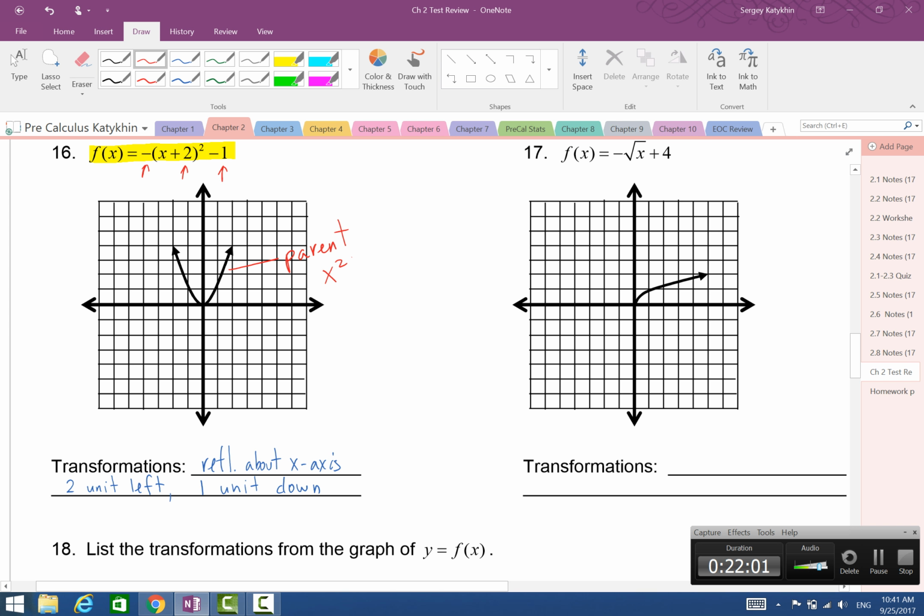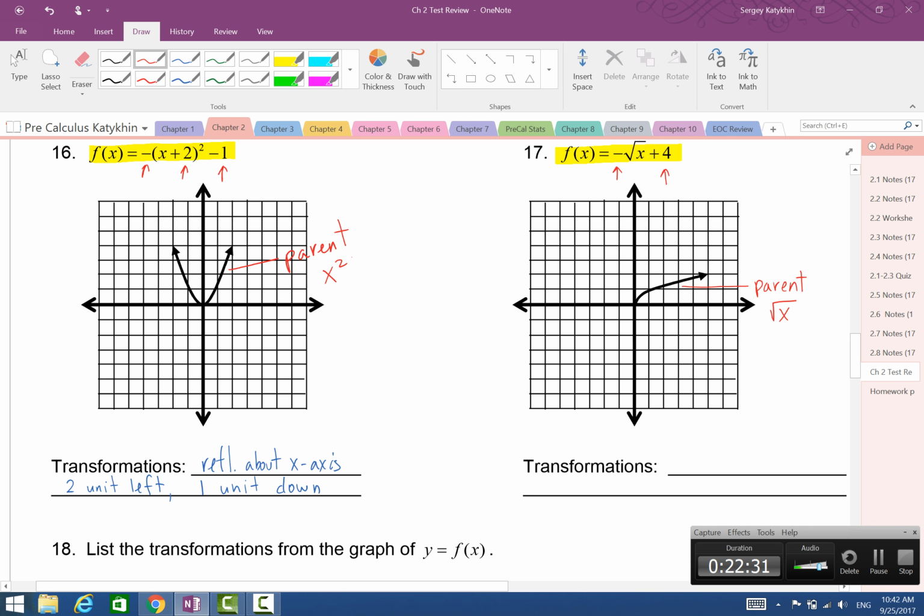So here's the parent function again. This is the parent, and the function is actually square root of x. So we need to look at how that is going to be affected by my new function. As you can see, there are a couple of things. You have the negative, and you have a +4 on the outside. Both are going to do something to that function.